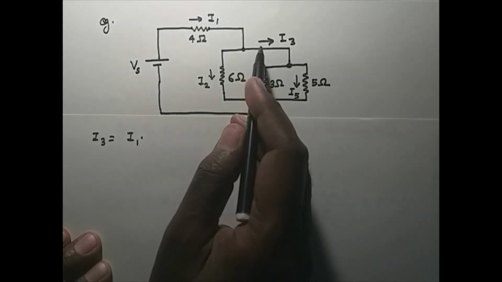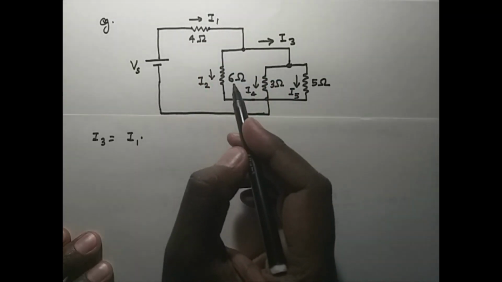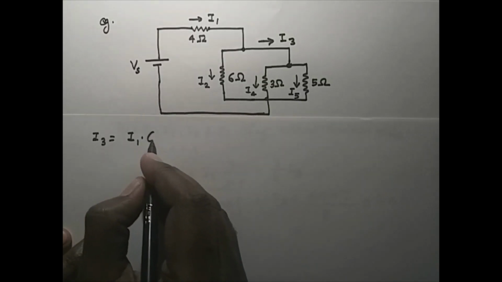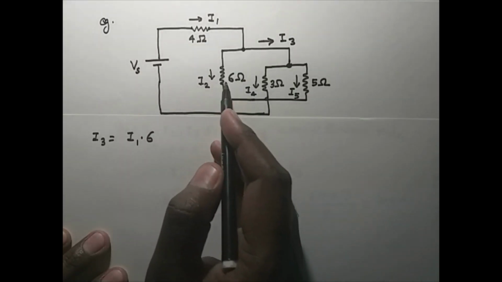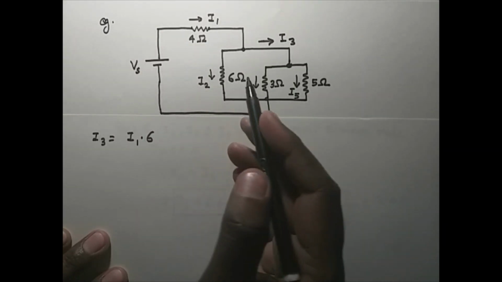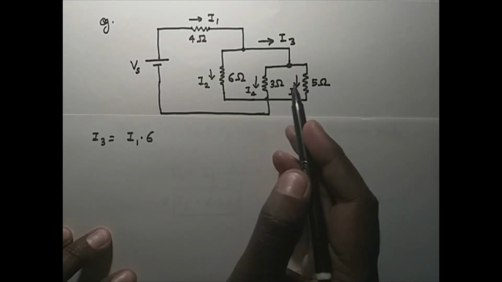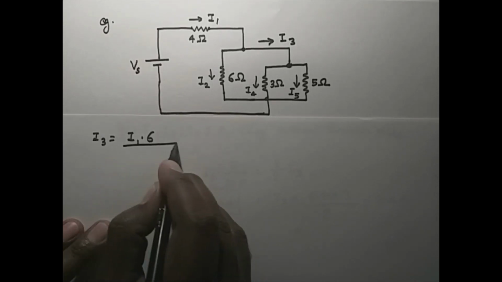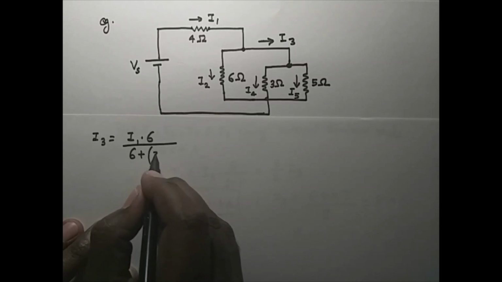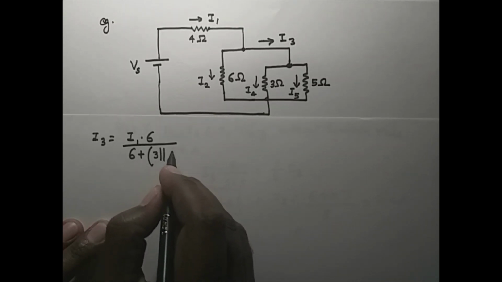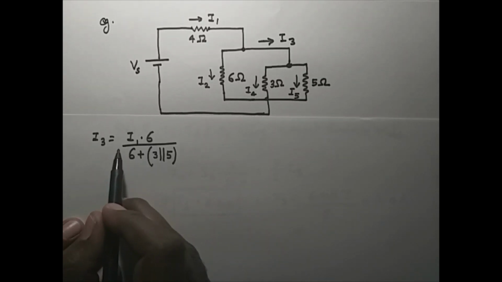Means if we have to find out the current in this branch, then we will multiply the total current with adjacent branch resistance, that is 6 ohm. So into 6 divided by sum of both the resistances. One resistance is 6 ohms in this branch, and another resistance will be the parallel combination of these two resistances. So it will be divided by 6 plus parallel combination of 3 and 5. So this will be the current division rule for I3.